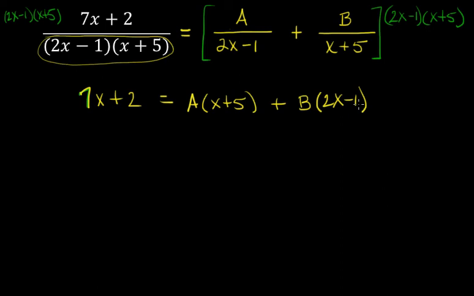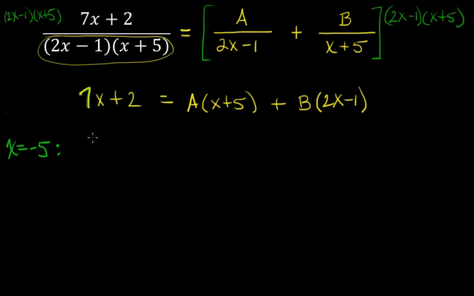Well, there's a couple ways you can do this. The easiest way, I think, by far, is to say to yourself, this equation holds for all x. So I could easily solve for A and B by choosing particular x's that make it easy. For example, if x is equal to negative 5, then we have a very nice little sentence.